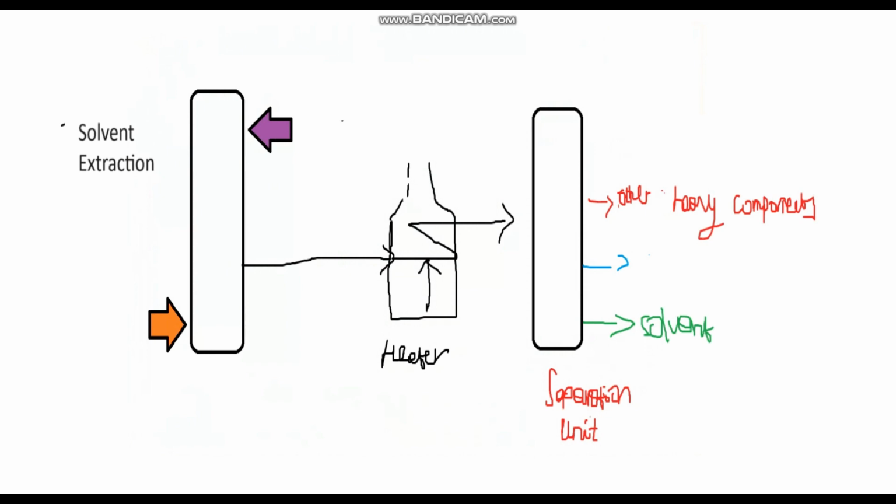Solvent extraction is a widely employed process in the production of lubricating base stock and greases.